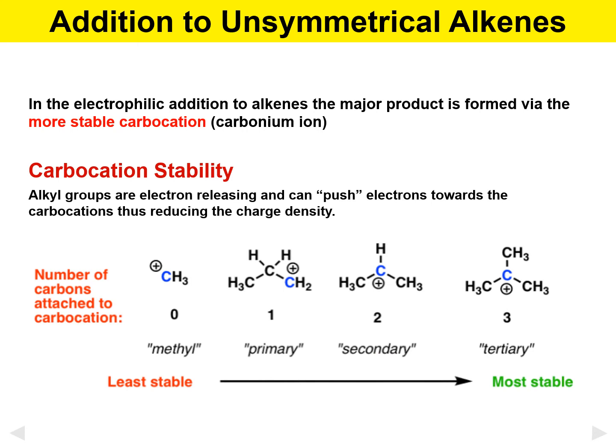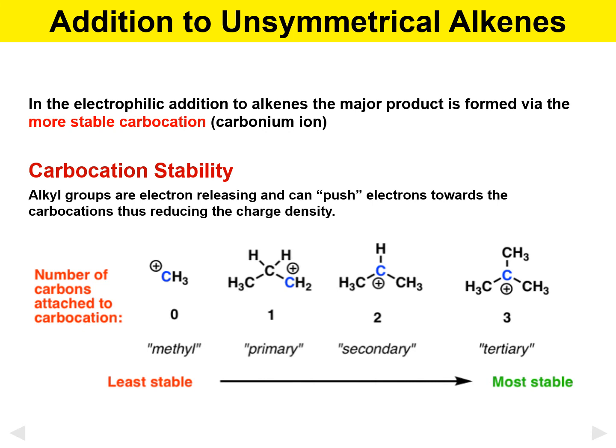In this section, we're going to look at the addition to unsymmetrical alkenes. In electrophilic addition, the major product is formed via the most stable carbocation. Earlier in the video, we looked at the definitions for primary, secondary and tertiary carbocations.